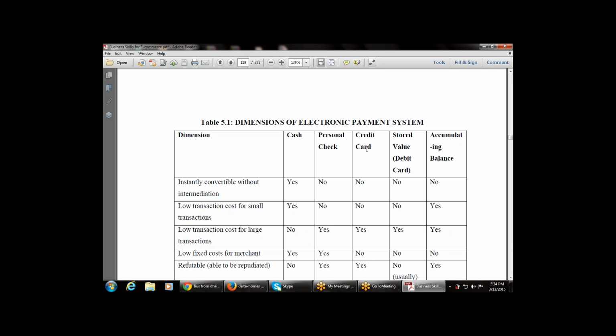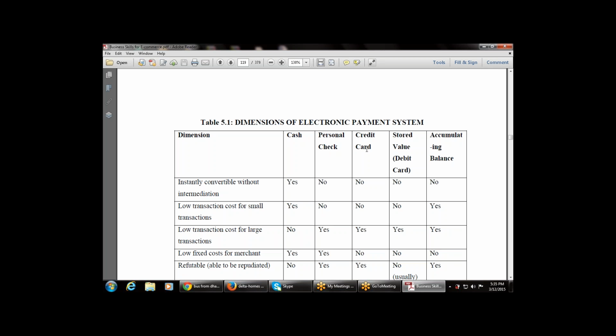One dimension is instantly convertible without intermediation. If there is a requirement that the money be transferred from the buyer to the seller at the same time, cash is the better option.